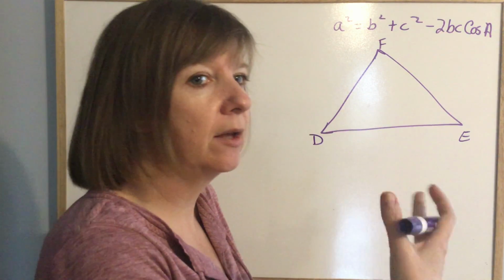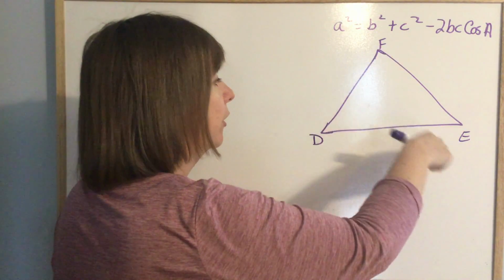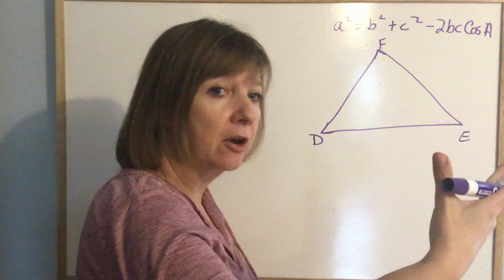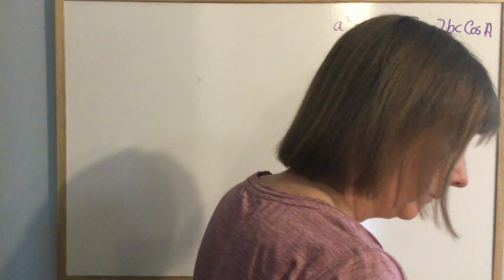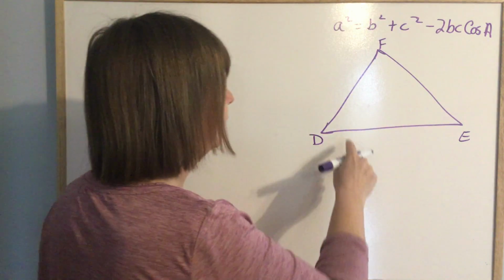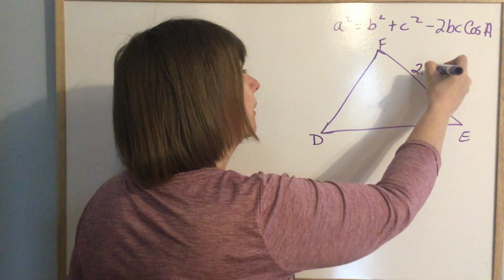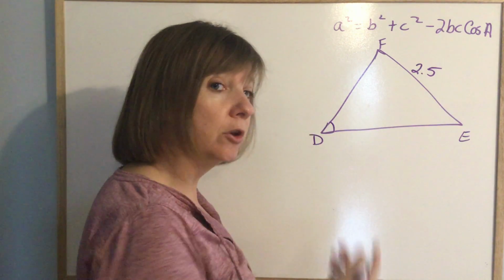Just label it D, E, and F. And then they say little d, side D is 2.5. So the only thing that matters is the 2.5 is across from whatever angle you labeled D.